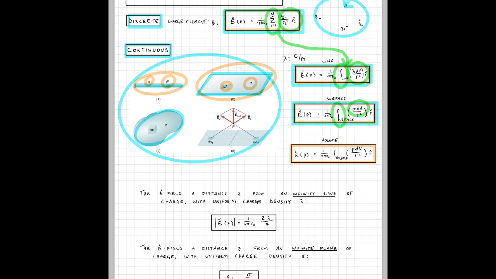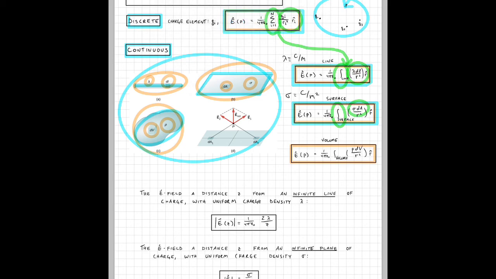And sigma is charge per meter squared. It's the charge per unit surface area. And then lastly, we have the volume example, where we have a volume charge density and our small unit of volume, dV, that's what we have to integrate over.